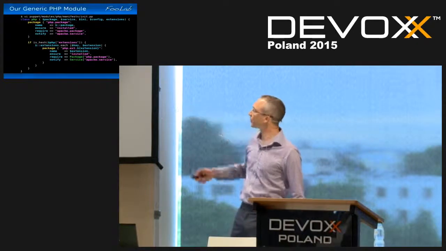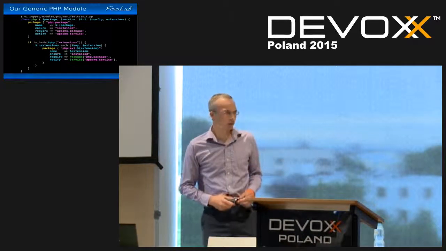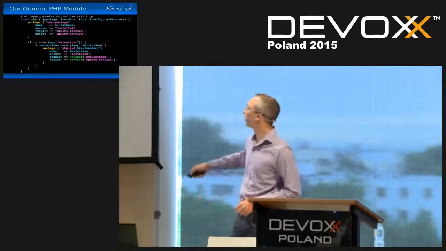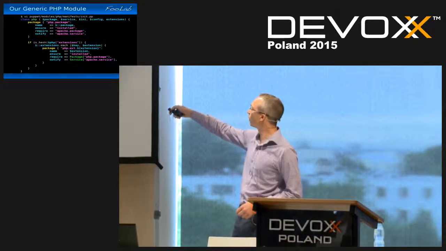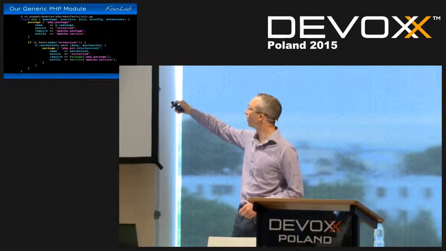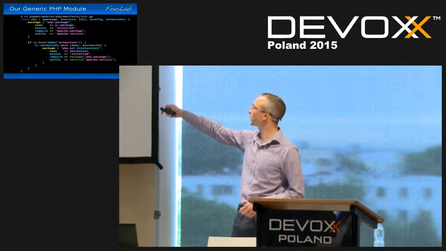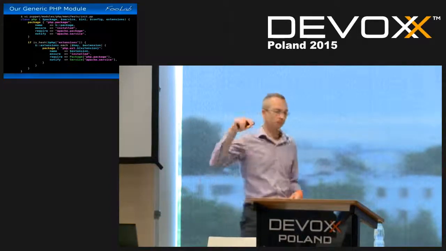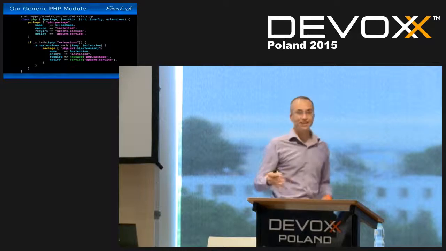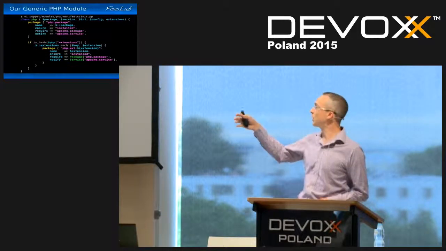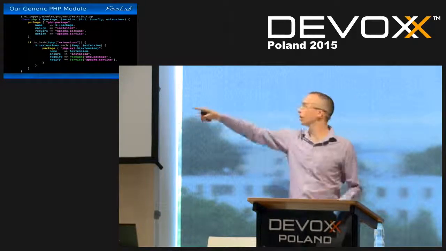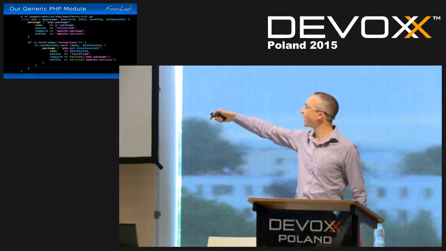So now let's write that generic module. The approach is that you have different variables that you pass to your module, and this is where our package name was. In this case, this will translate into a key search in Hiera for php package, and that's going to end up being php5.